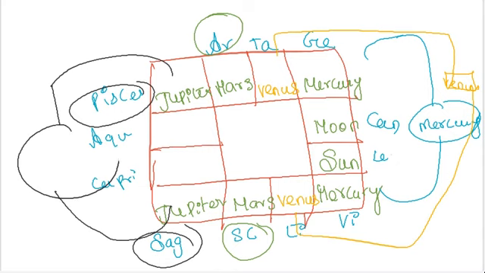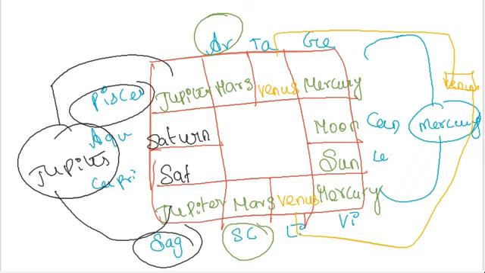You just remember in such a way. After that, the last but not least, the name of the planet is Saturn. Here in this end also Saturn will come to the last. In this clockwise also Saturn will come to the last. Okay, in this way you have to remember the name of the planets.